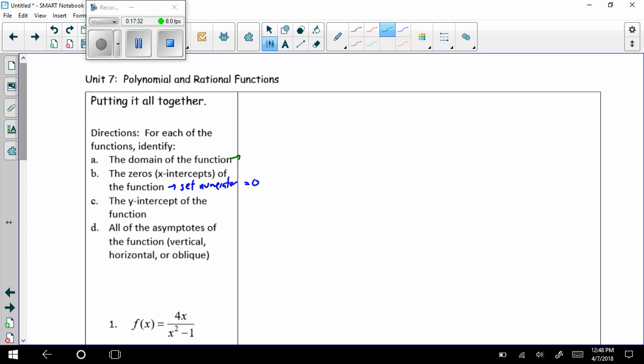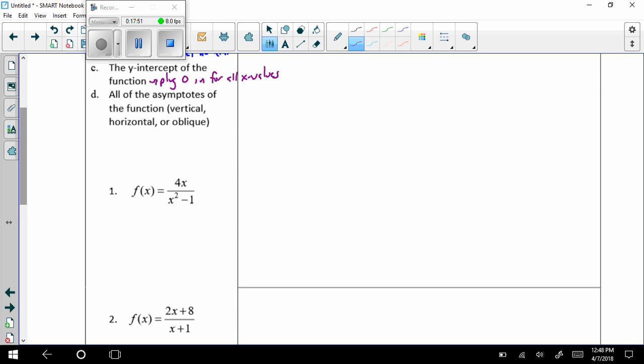Domain is set the denominator equal to 0. Y-intercept, put 0 in for all x values. And then last but not least, D is what we did today. And so, let's look at number 1 first.